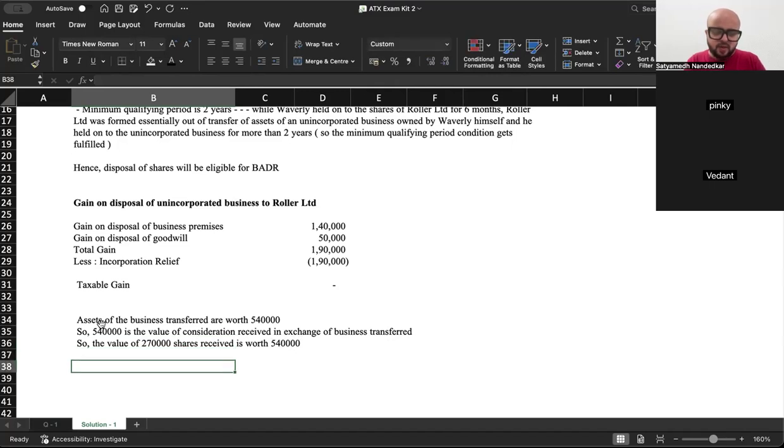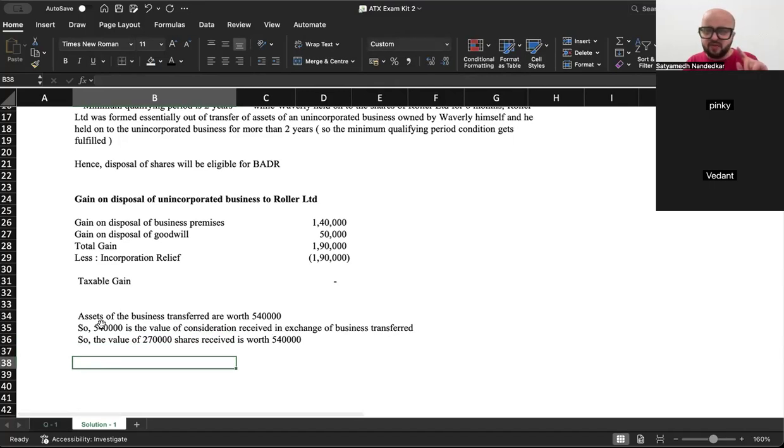So the shares that you have received are worth 5,40,000. There is incorporation relief of 1,90,000.